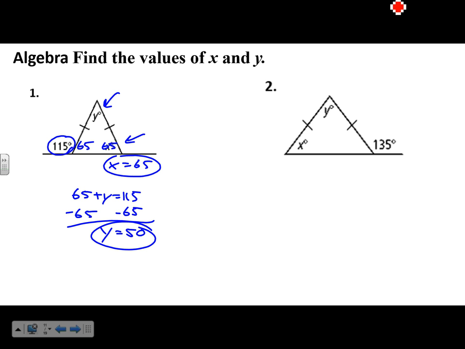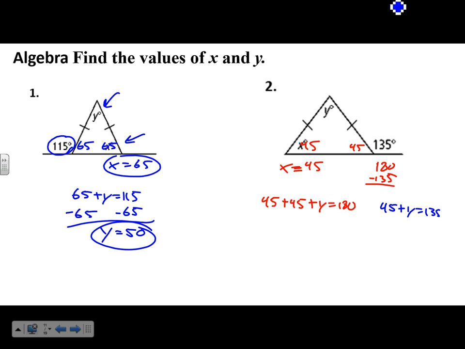So for this one, I'm going to do the same thing. 180 minus 135 will give me that interior angle, which is 45. So that means x is equal to 45. And again, you can either say 45 plus y is equal to 180 and solve it that way, or you can use the exterior angle theorem. 45 plus y is equal to 135.